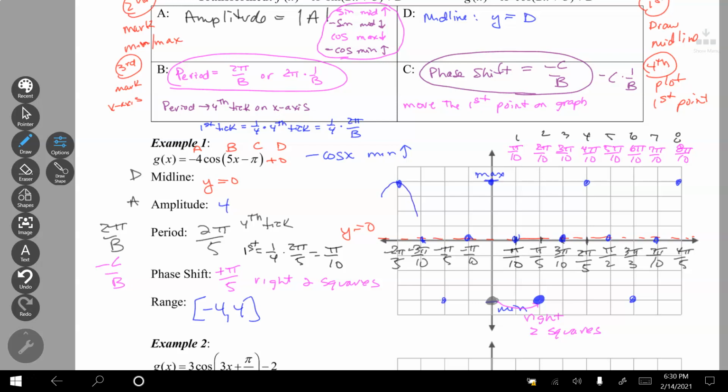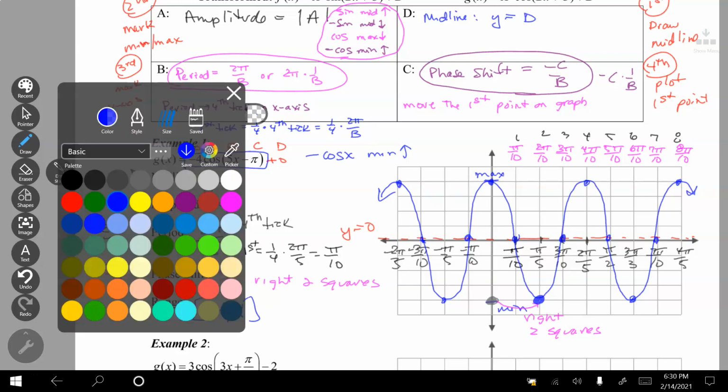I could draw this graph. Make sure when you get to the max or the min, you're curving back, and this is the graph of negative 4 cosine parentheses 5x minus pi.